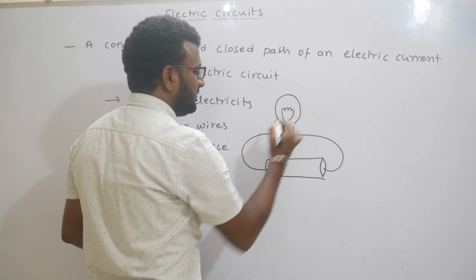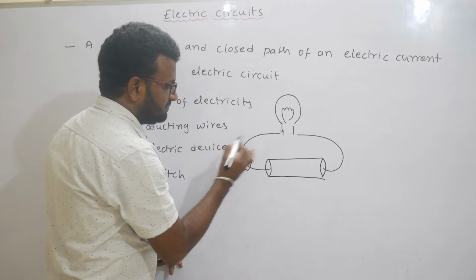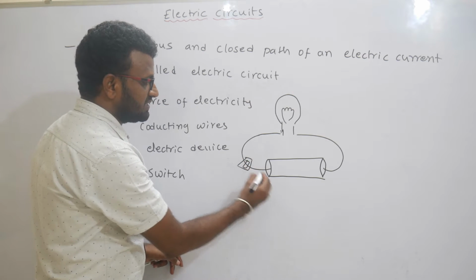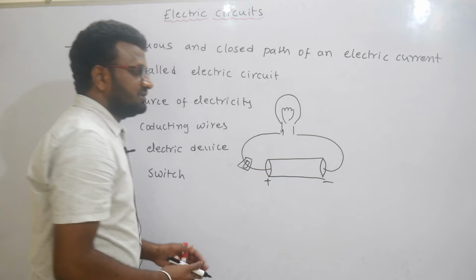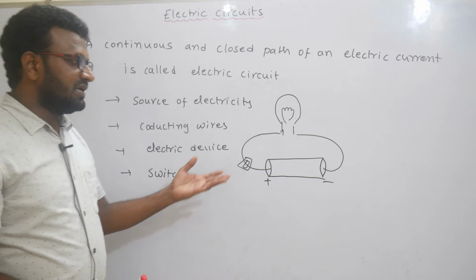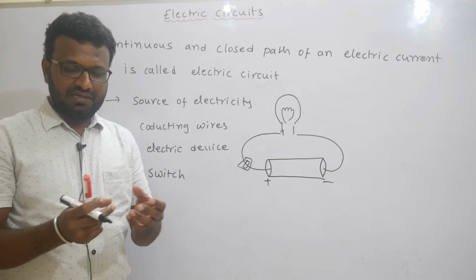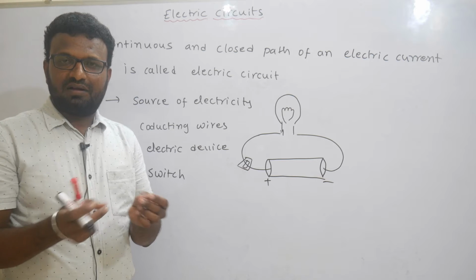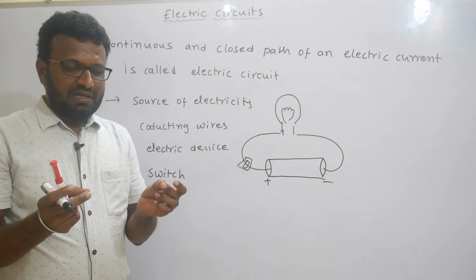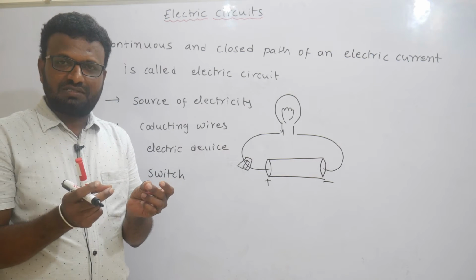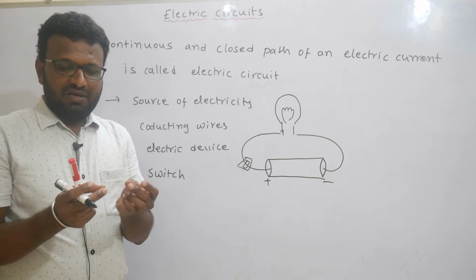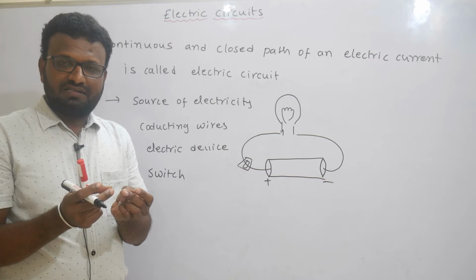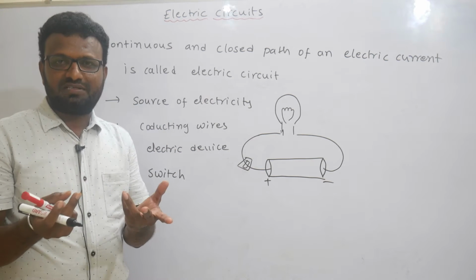So this is nothing but the filament, right? This is nothing but the switch. Generally children play, they can take one cell, conducting wires and a bulb. If the conducting wires are attached to the cell, the bulb will glow. If the conducting wires are not attached to the cell, the bulb does not glow.